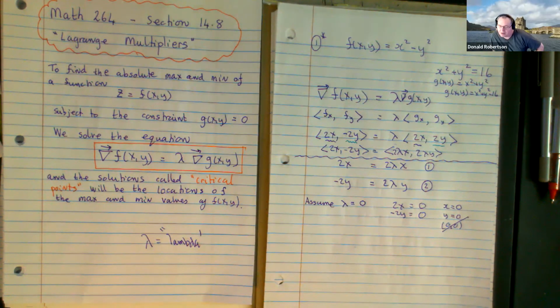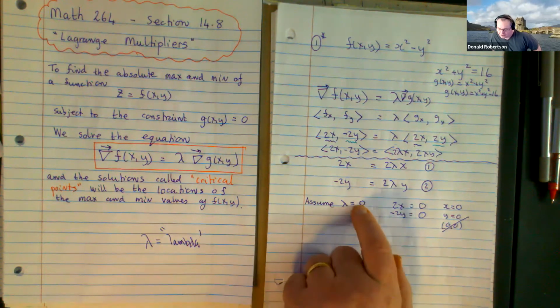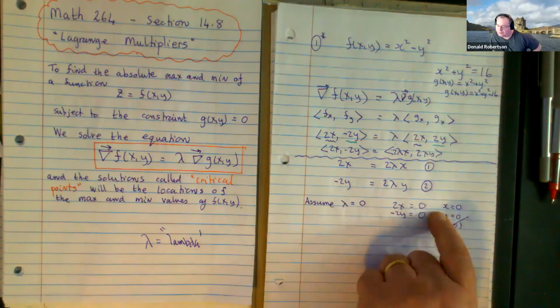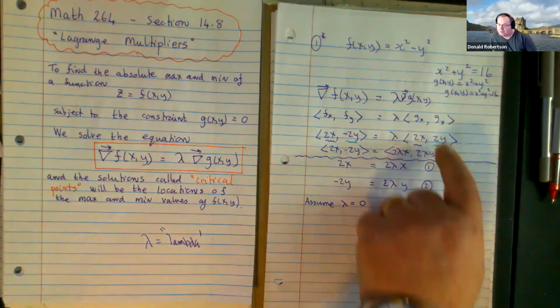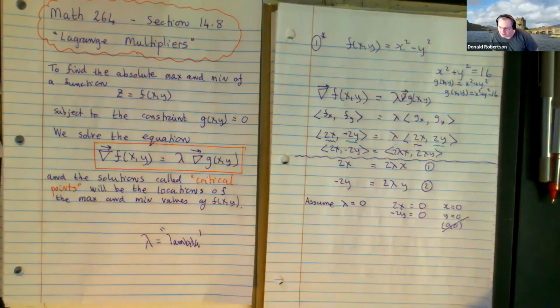Okay, now 9 times out of 10, you never end up using the assume lambda equals 0 solution, right? The point that comes out either doesn't exist, right? There's no solution possible. Or you get a solution, but it doesn't match the constraint. But I'll tell you, this is Murphy's Law.